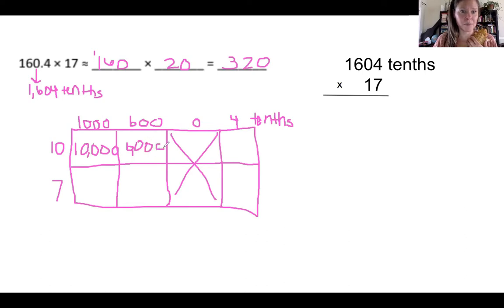And that's a 6, not a b. And then 10 times 4 is 40. These are all tenths: 10,000 tenths, 6,000 tenths, 40 tenths. Now let's multiply. 7 times 1,000 is 7,000. 7 times 600 is 4,200. And then 7 times 4 is 28.